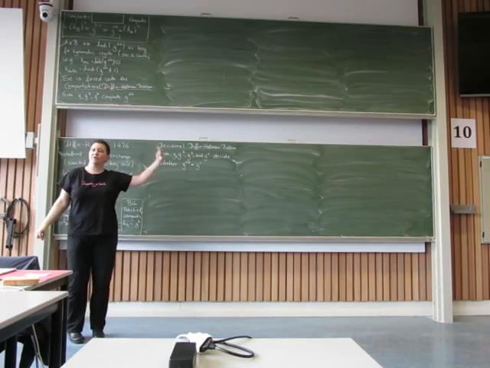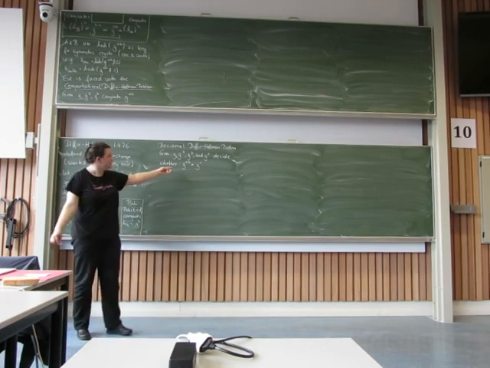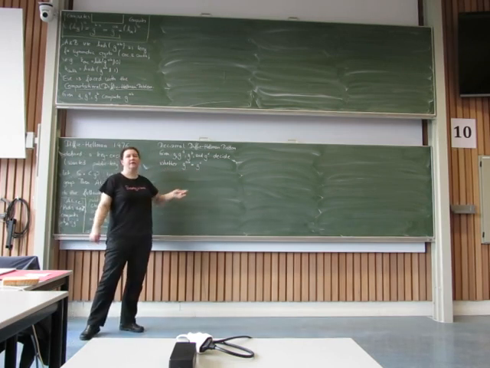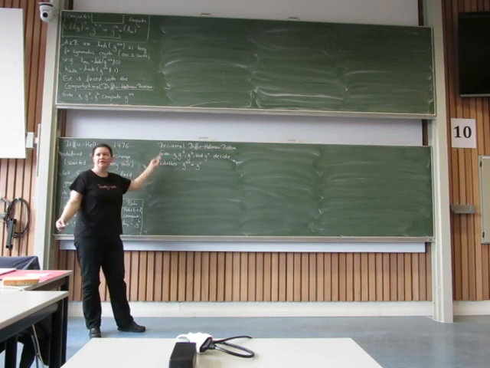So if you're able to solve the computational problem, you just compute g to the ab, you compare it with g to the c, and it's solved. So the decisional problem is no harder than the computational problem.